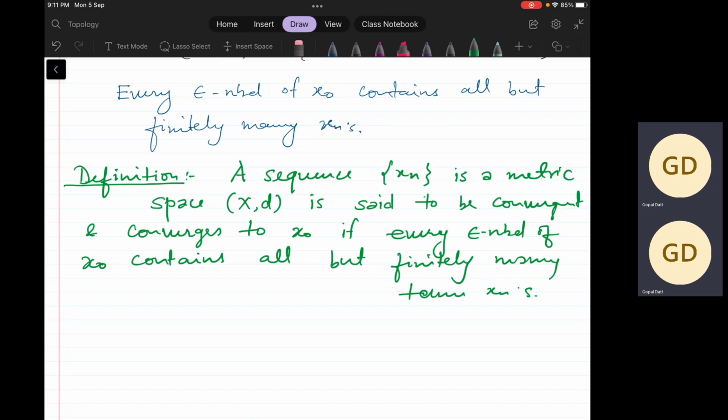So in this definition we didn't use the metric d. We replaced that by this epsilon neighborhood notion.